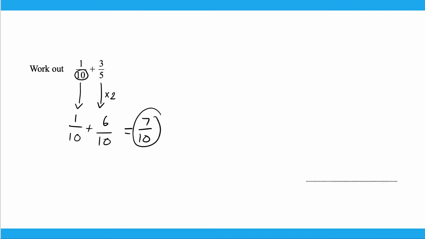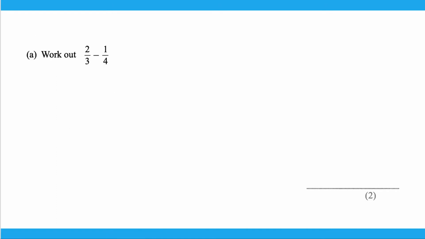So 1/10 add 3/5 would get you an answer of 7/10. What you need to make sure is that you are dealing with fractions of the same denominator, as you can only subtract or add fractions which have the same denominator.